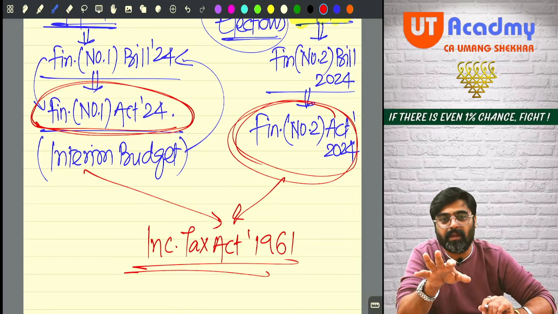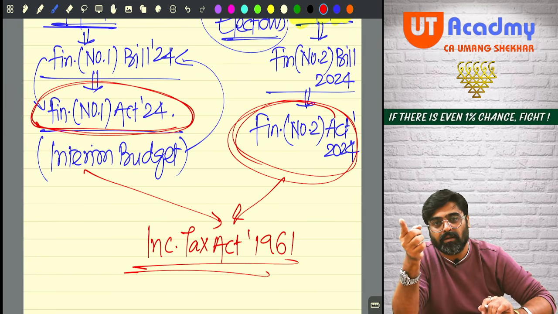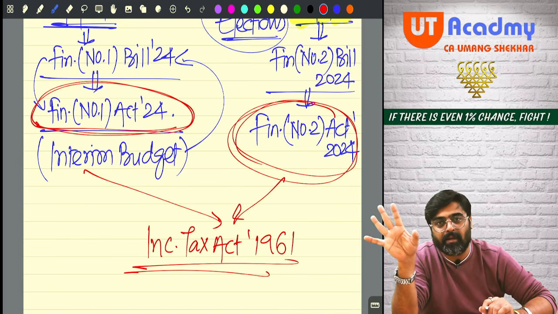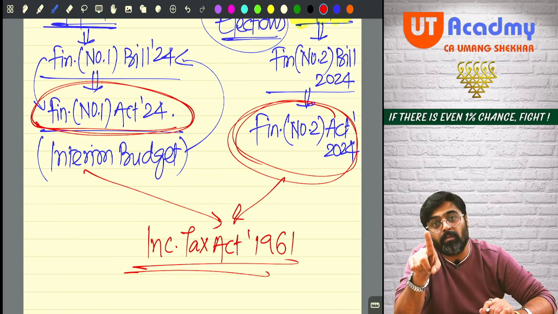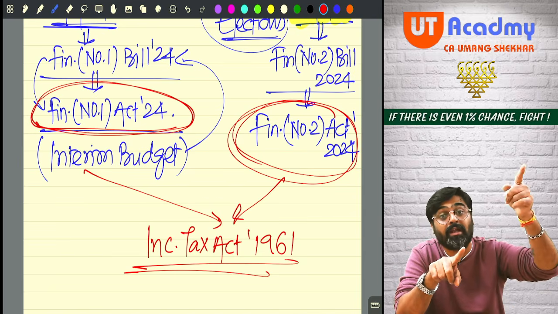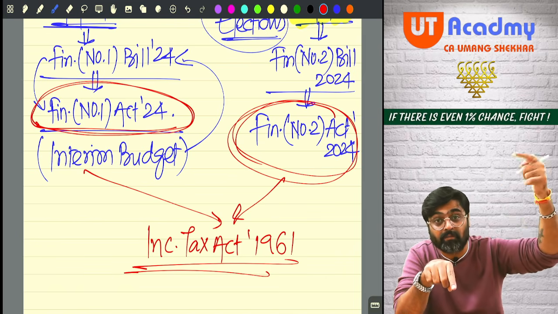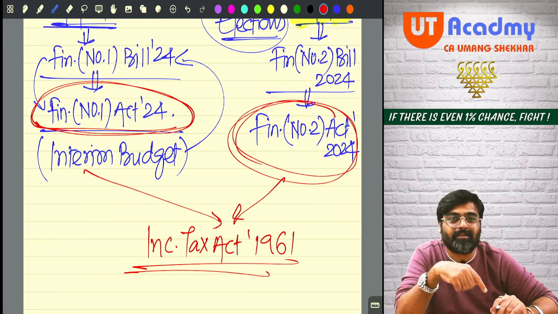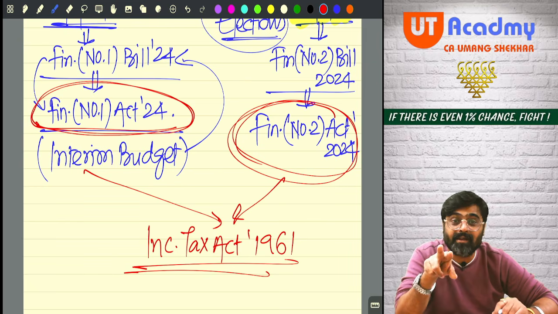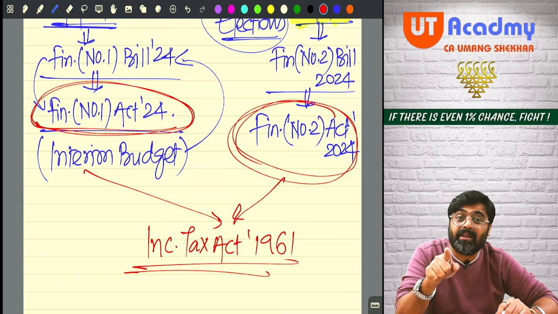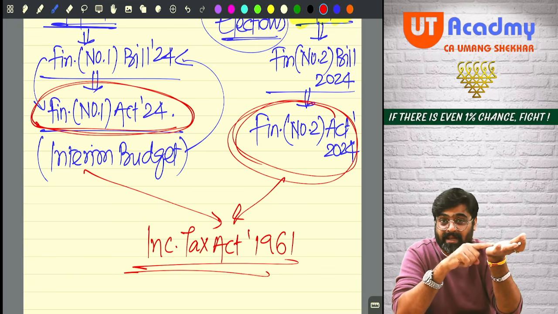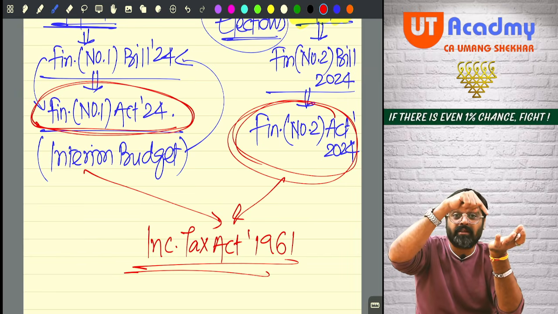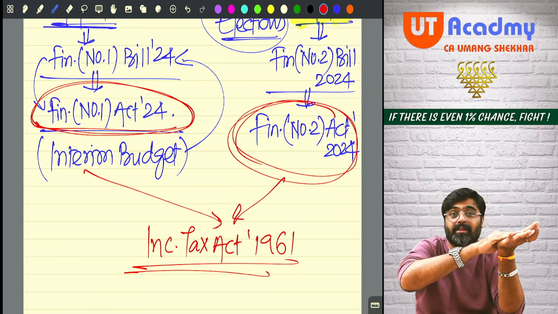But broadly speaking, Finance Act number 1 virtually does not have any amendments. Whatever amendments you will be learning from Finance Act number 2 because that was the final budget. Getting my point, everyone? So we will be learning this Income Tax Act, which is amended by Finance Act 24. That means the Income Tax Act which will be there in our hands now will be for 2023, updated till 2023.